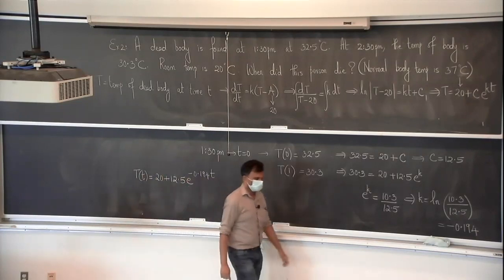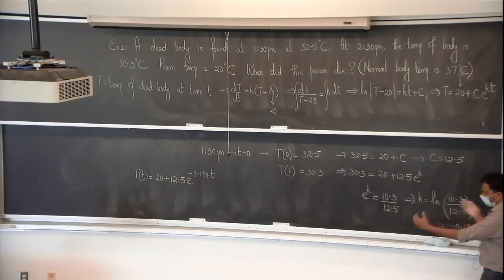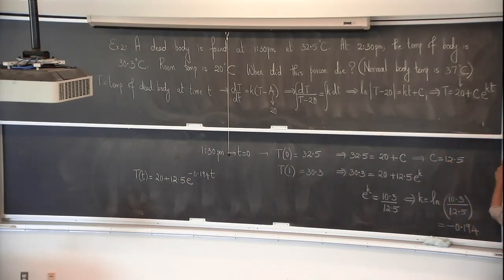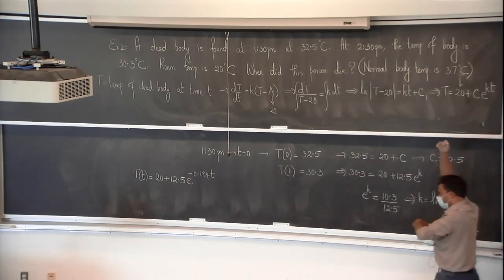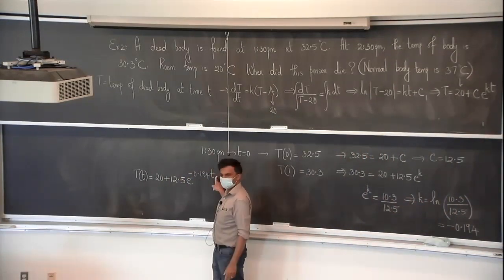Okay, t is time. So that is the general change of temperature with respect to time for this problem, based on the given data. Now we need to find when the body temperature was 37. Okay, at some point in the past, it used to be 37, and we need to find what this t would be.